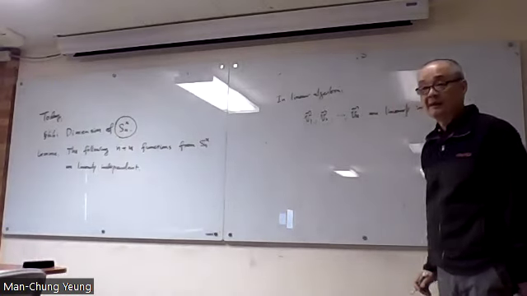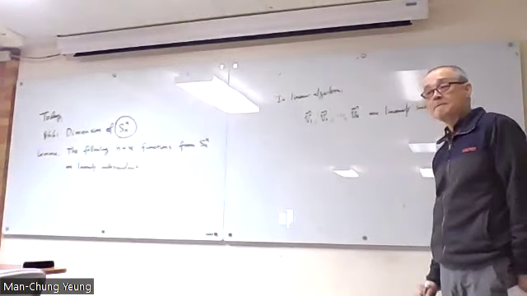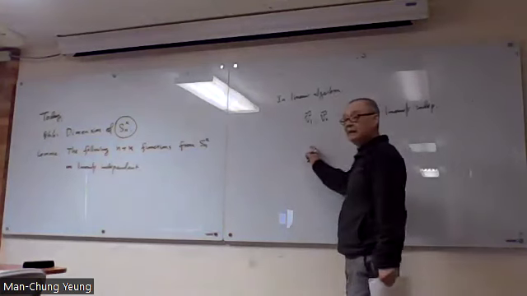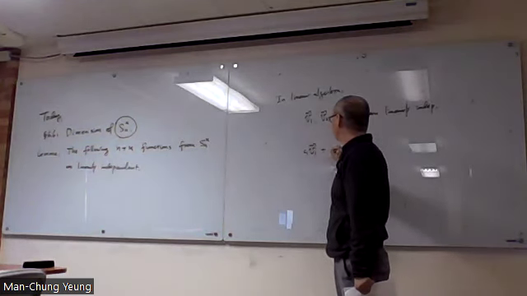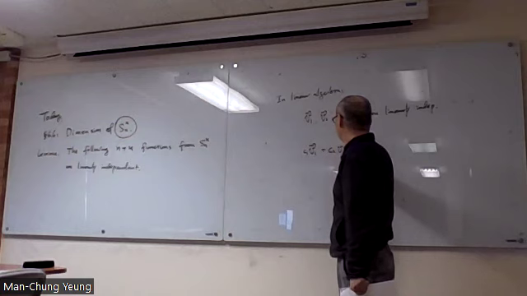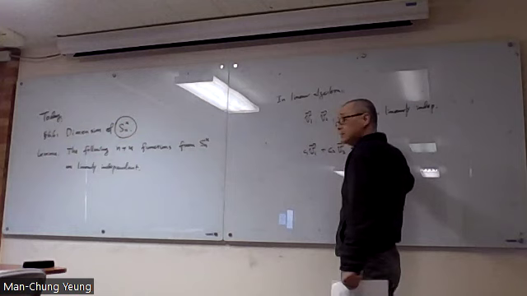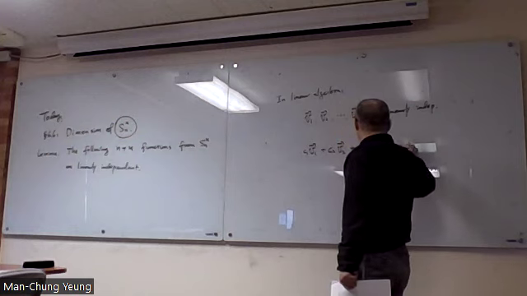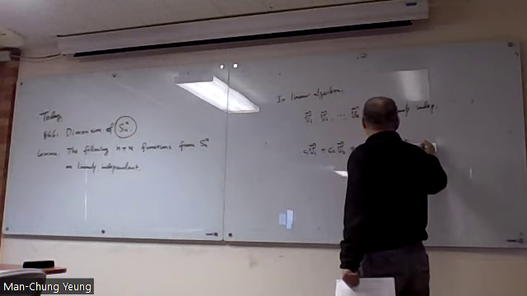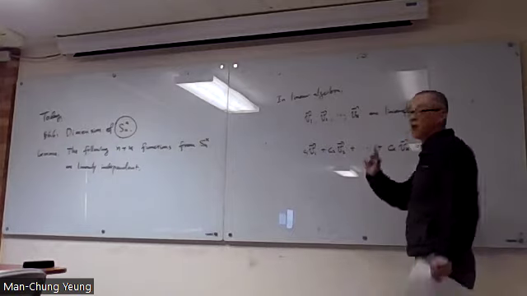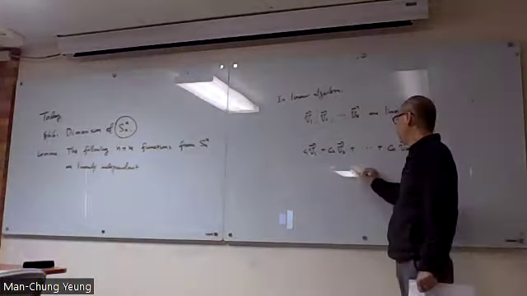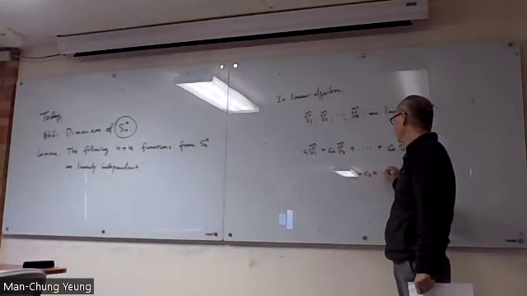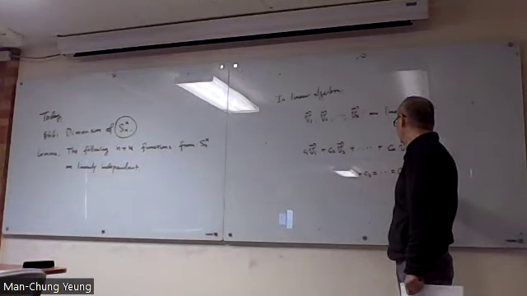What this means is that this equation has only one solution, with scalars C1, C2, up to CK. The solution is C1 equals C2 equals up to CK equals 0.